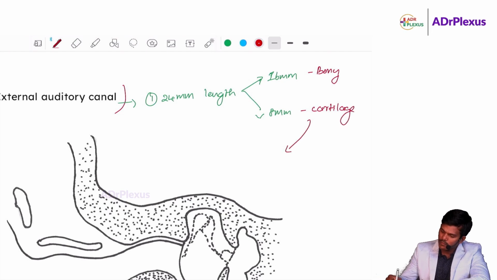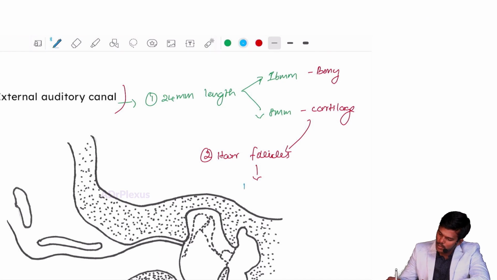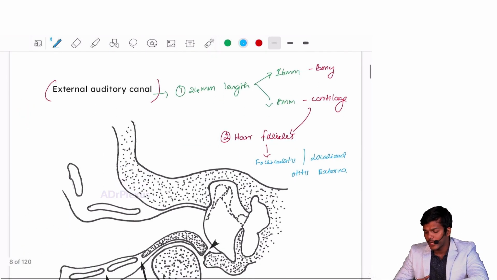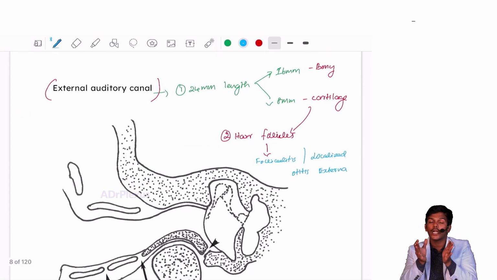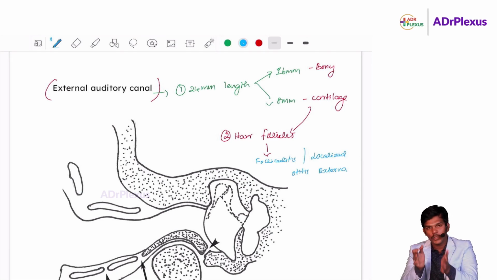This cartilaginous portion will be having hair follicles. So it is prone for folliculitis or localized otitis externa. Clear, people? Yes. So we are seeing about external auditory canal. It is 24 millimeter in length. The cartilaginous portion will be having hair follicles that can result in folliculitis.